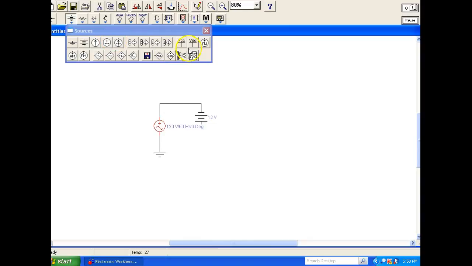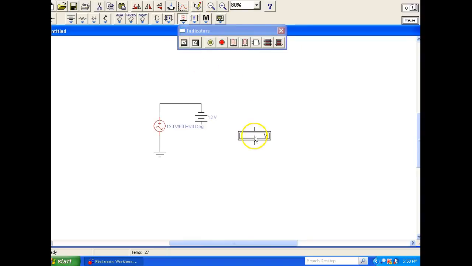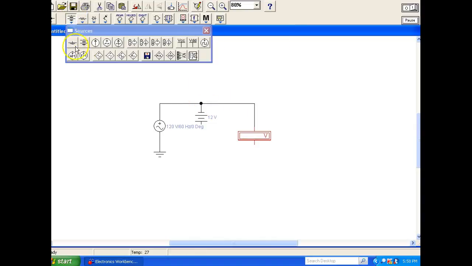So I'm going to take my meter and put it across there. Let me use these right here. You might tell me I've got problems in my circuit because I don't have that grounded, but we'll see.